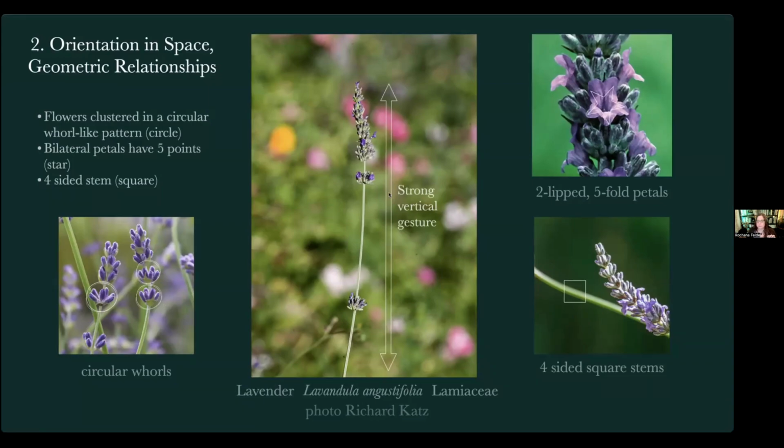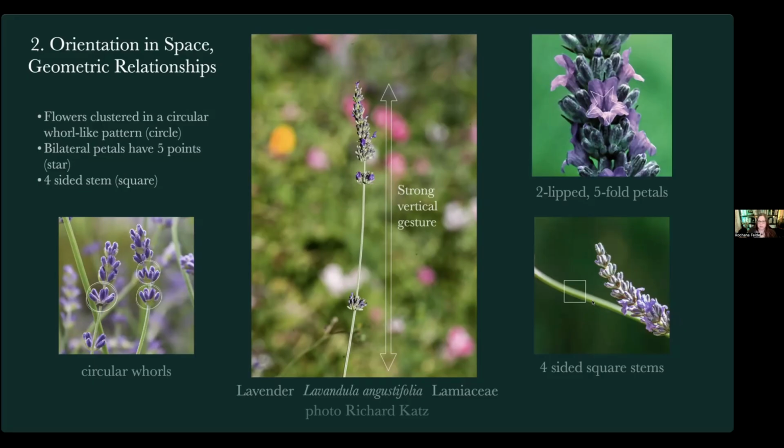Looking at those two-lipped, the bilateral petals. The thing about this kind of flower is you can't really tell it's technically two petals because it more so looks like five, because of the way that the indentations happen and the way that they're attached. So in a way, there's a star shape there.